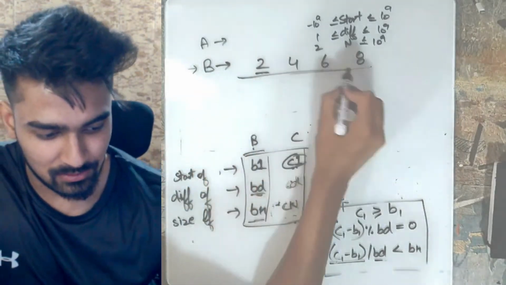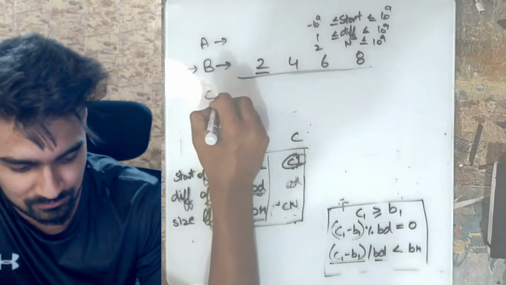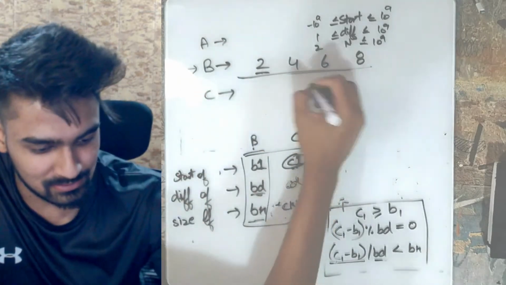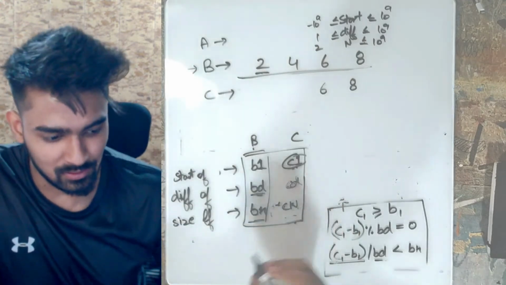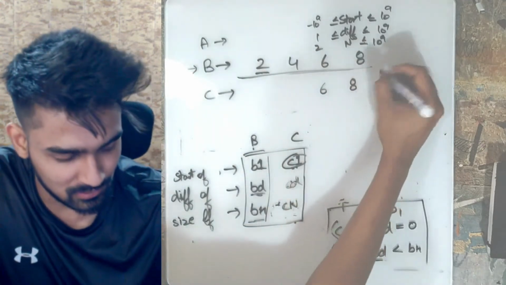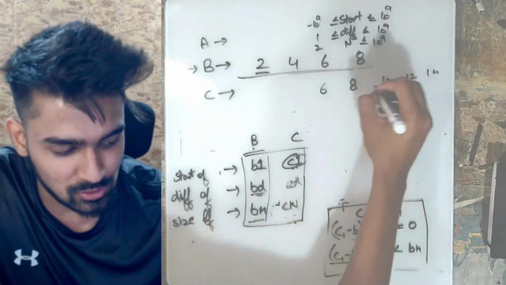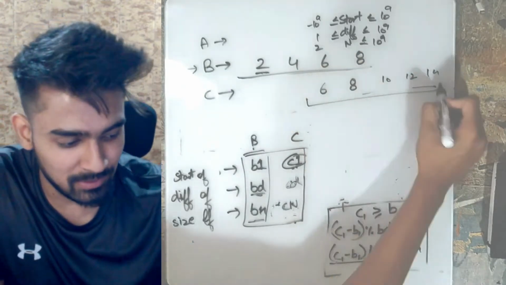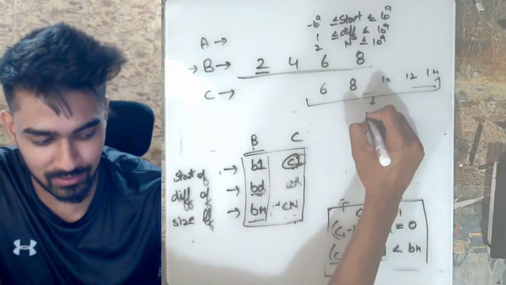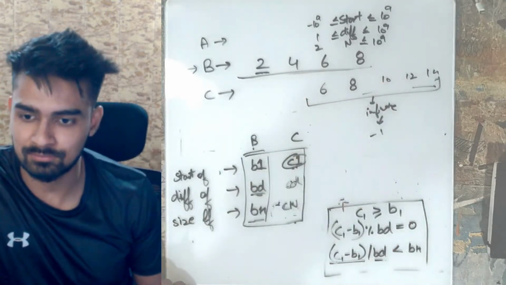Let's say this is B and C is, let's say, 6, 8. You will see that you can actually append in the next turn 10 also, then maybe 10 and 12, then maybe 10 and 14, and so on. You can keep on appending in this, and this will be your A. Therefore, you can say that there are infinite answers. Therefore, the answer for this is minus 1.